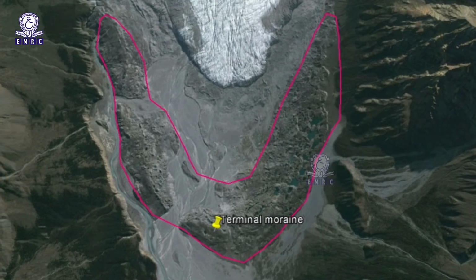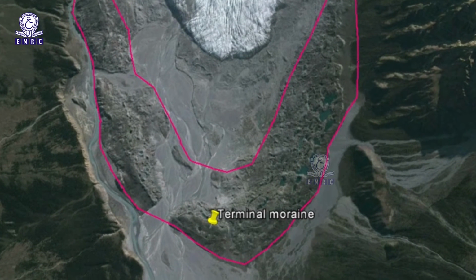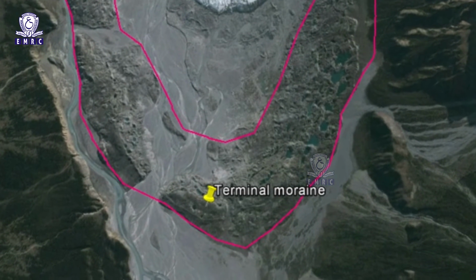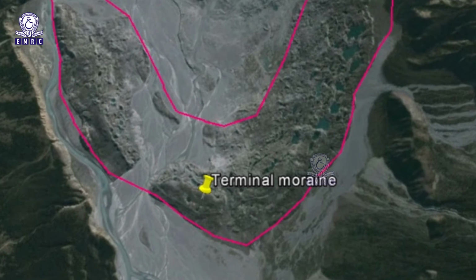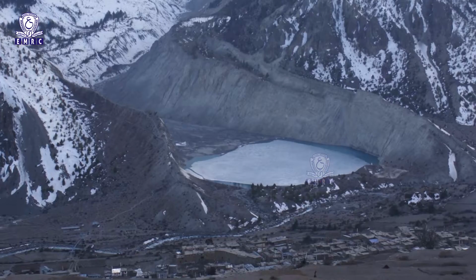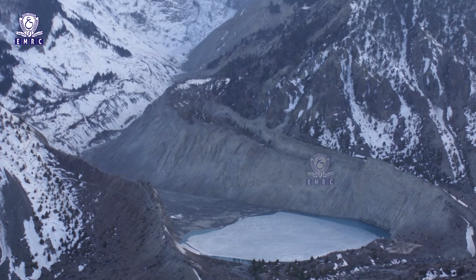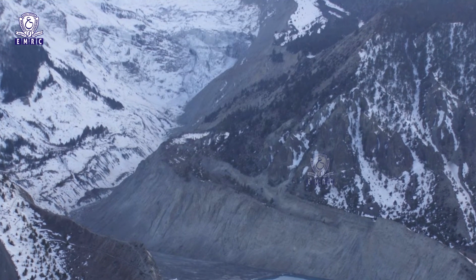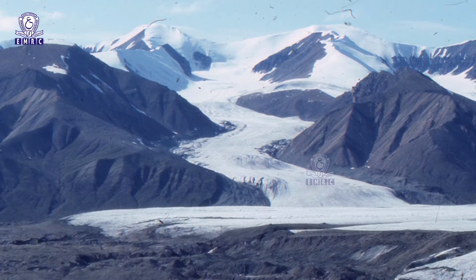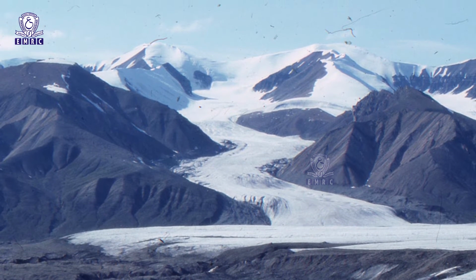Terminal moraines. Terminal moraines are the glacial deposits that occur at a point where the glacier melts. Terminal moraines are crescentic shaped mounds of debris. They are long ridges of deposit located at the end of the glacier, and are also called end moraines.